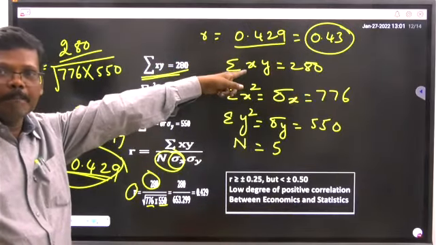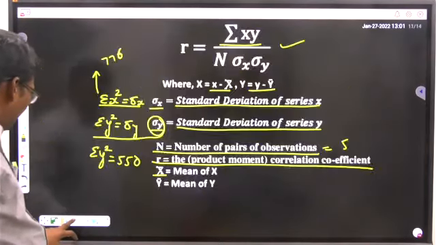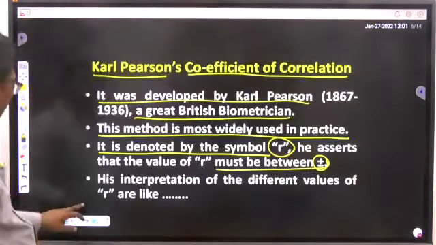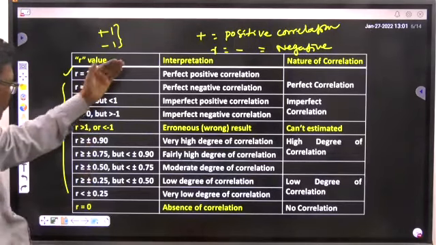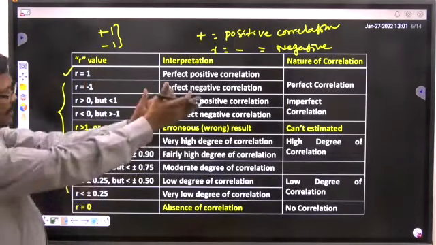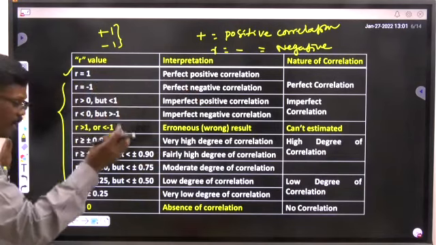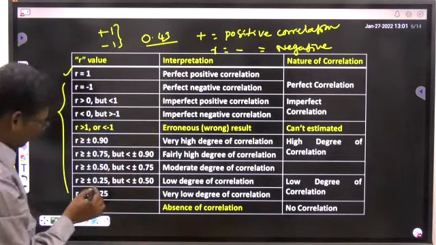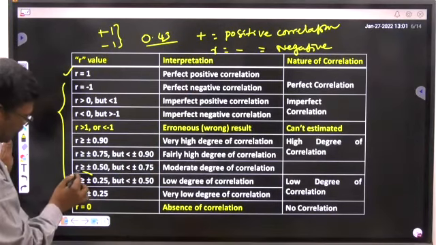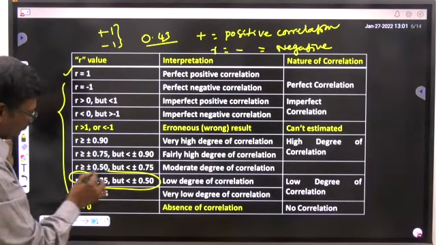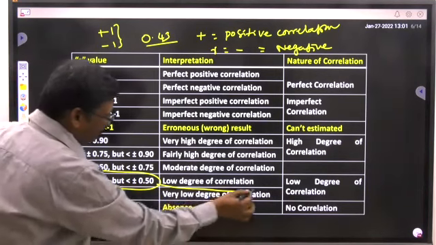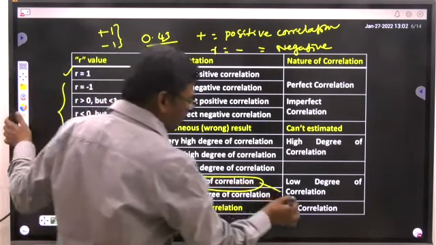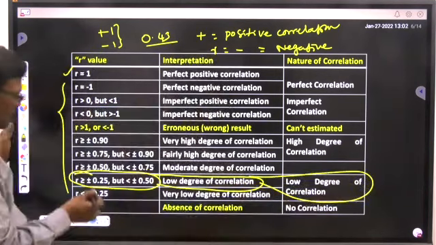In the coefficient of correlation table, this is the interpretation. So we got 0.43, and it will come under the low degree of correlation between these two.